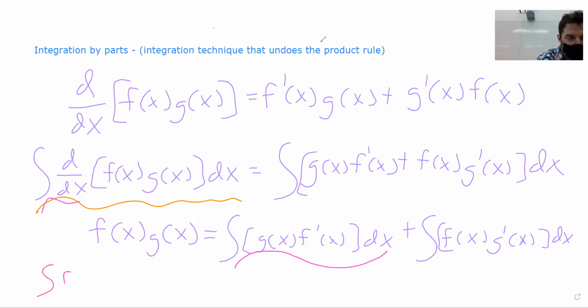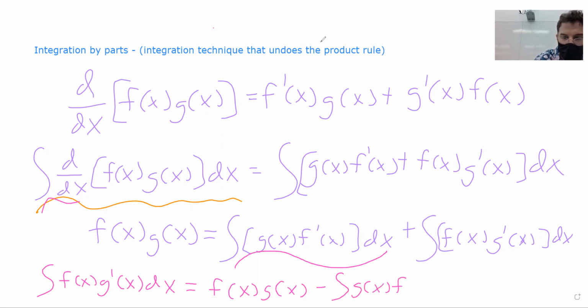So that ultimately what we'll get is the integral of f of x times g prime of x dx is equal to f of x times g of x minus the integral of g of x times f prime of x dx.